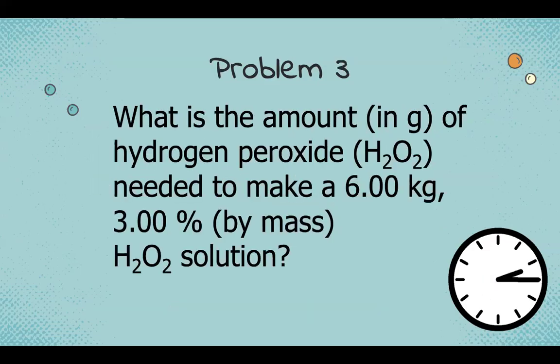Next problem, what is the amount in grams of hydrogen peroxide needed to make a 6 kilogram, 3% by mass of hydrogen peroxide solution? So in this problem, we should be able to use the percent by mass formula.